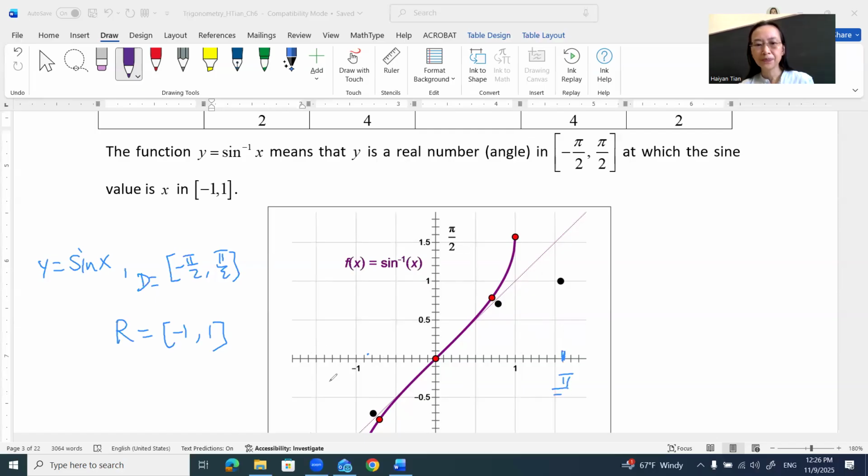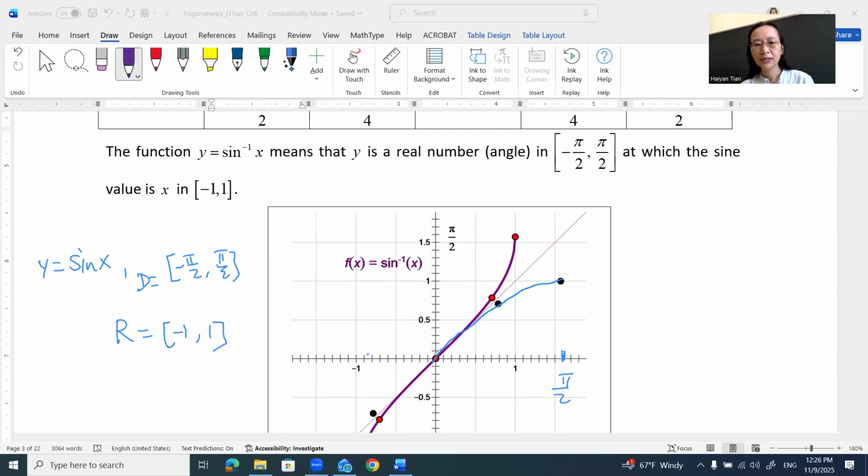You can see the sine curve actually crossing these. These are the 5 points.